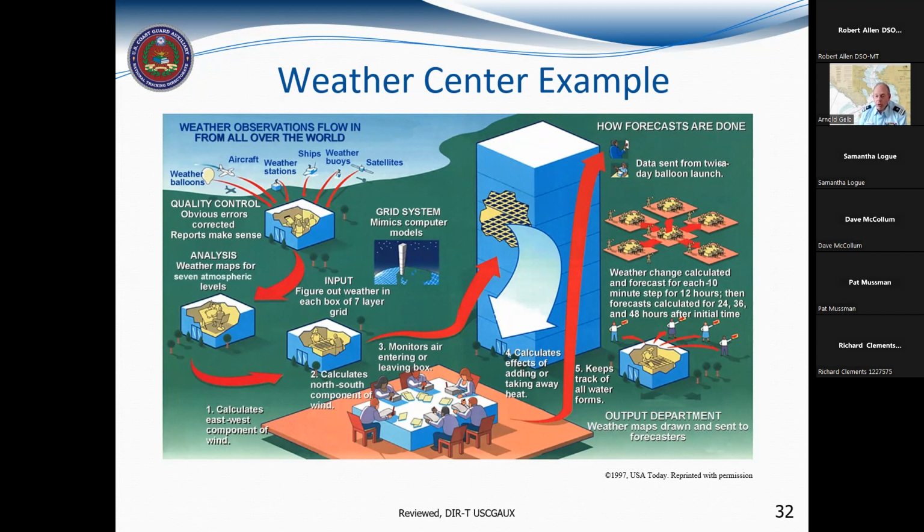The model also has to keep track of water vapor and liquid water, and then all of these processes get repeated in time steps that can vary from about 10 minutes to much longer. And it varies based on the scale of the forecast, whether it's regional, national, or global. And then all of these results are output onto the surface and upper air charts.